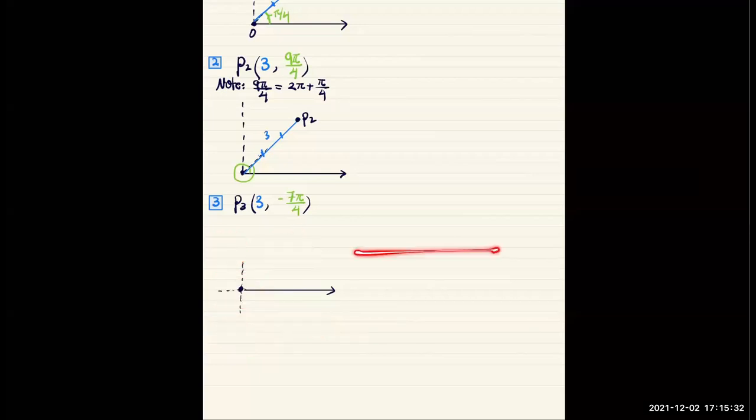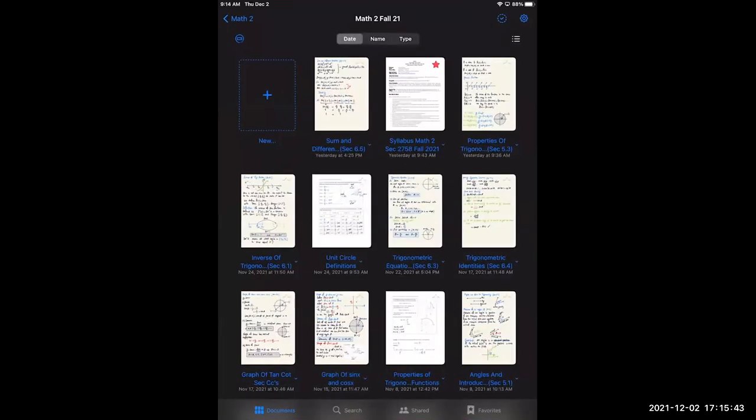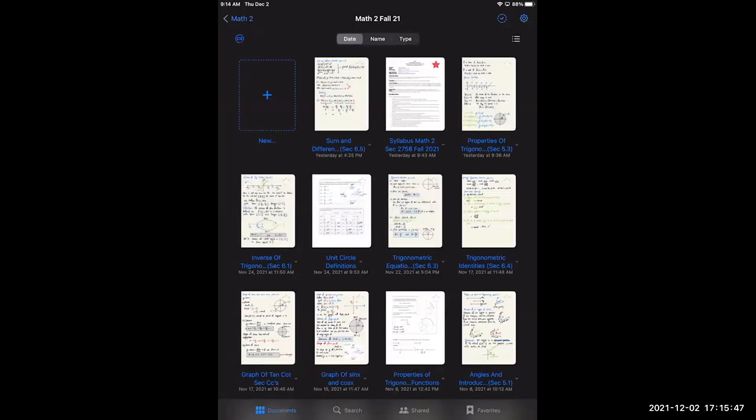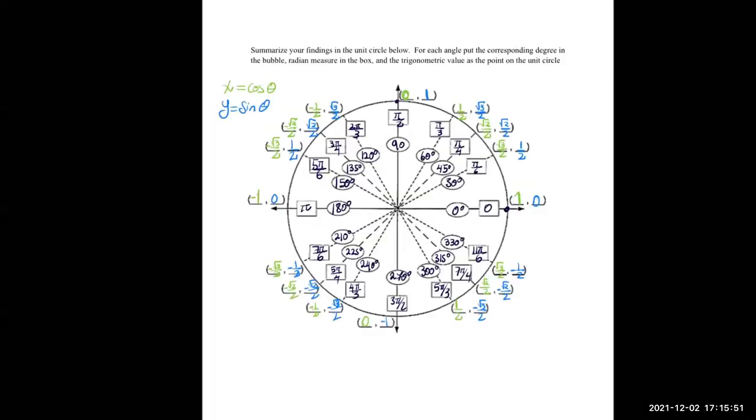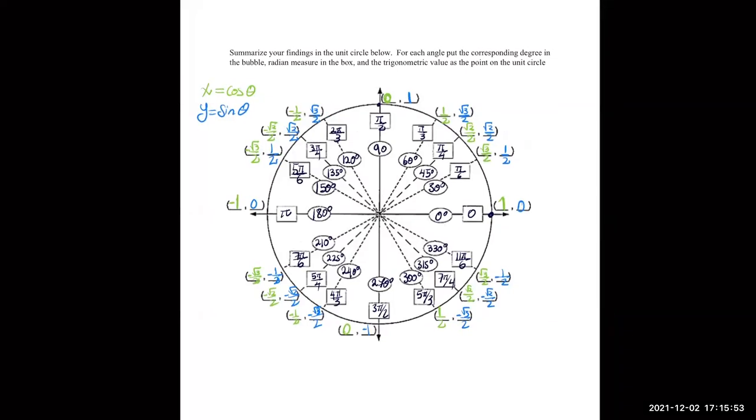So 7 pi over 4, if I actually have my unit circle here, I was teaching my pre-calculus class yesterday, and I should have my unit circle. There. So going counterclockwise, pi over 4, 3 pi over 4, 5 pi over 4, 7 pi over 4.